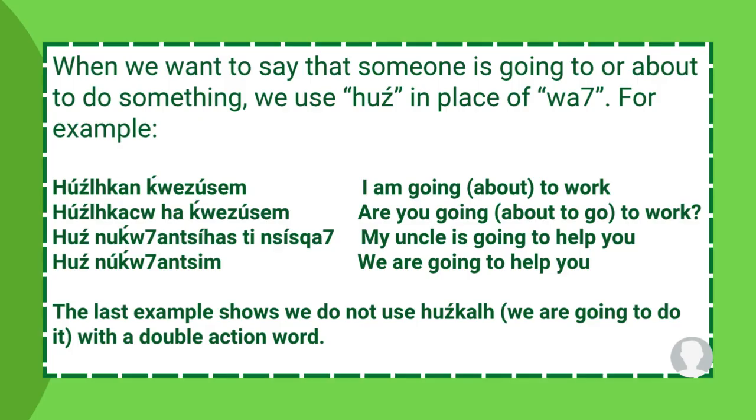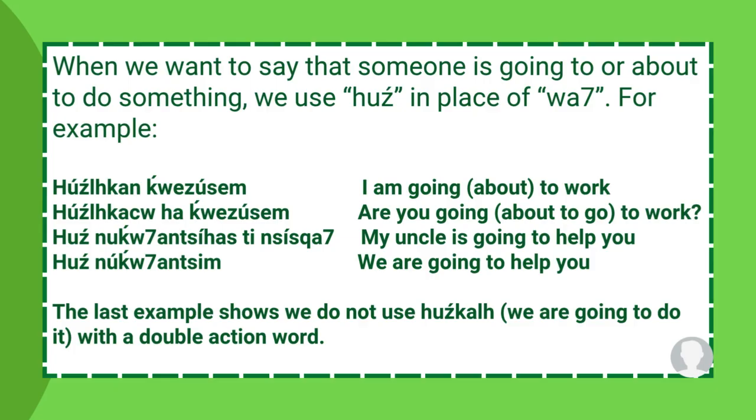When we want to say that someone is going to or about to do something, we use hul in place of what. For example, hul can quilujum, I am going or about to go to work. Hul kauha quilujum, are you going or about to go to work? Hul nukwanchihash ti inshishka, my uncle is going to help you.